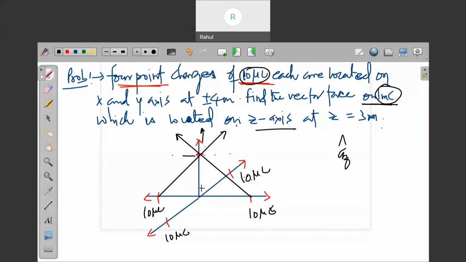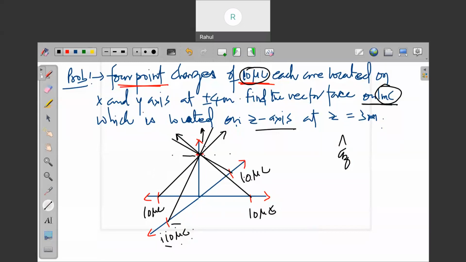Now because of this charge, the force of repulsion will be there, so the force will be like this, and because of the other charge the force will be like this. What shall be the resultant again?